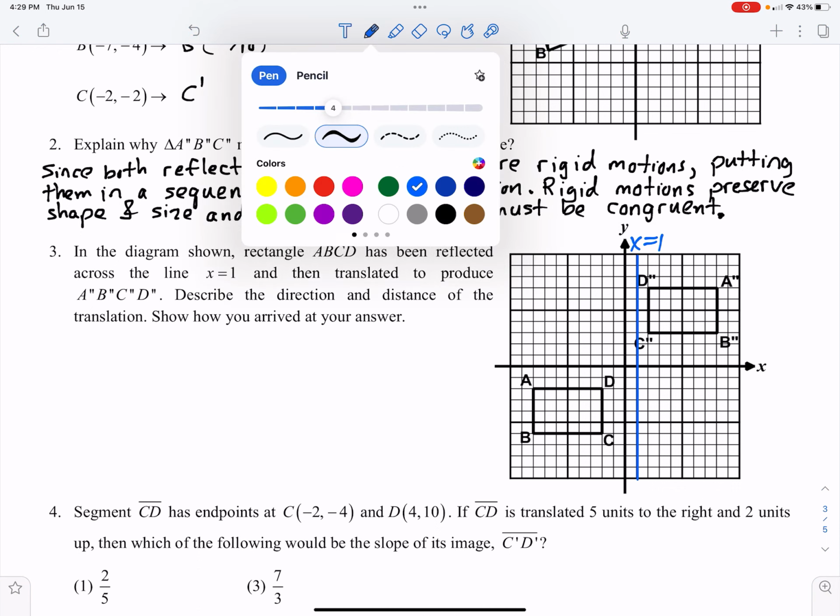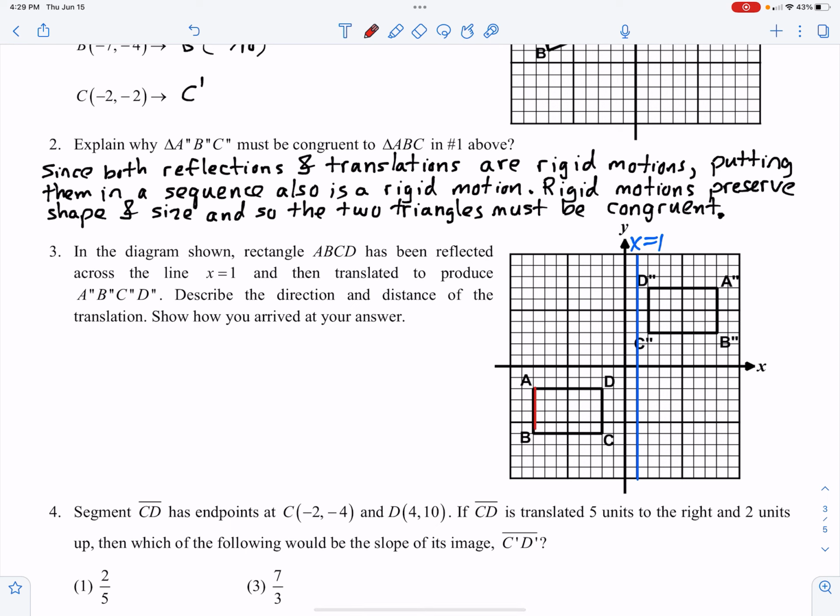So what we're doing is we're taking the image. I'm going to put the image in red. So for this image here, what we've done is we've taken that image and we've reflected it about that blue line, which would put it right over here.